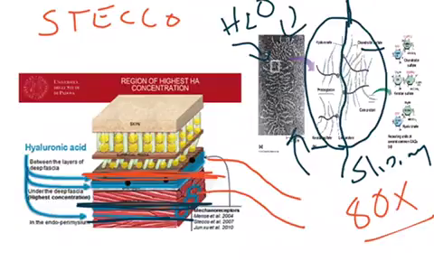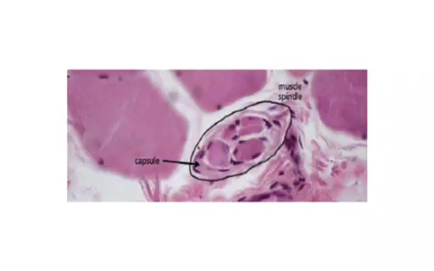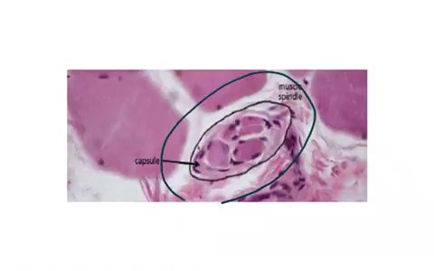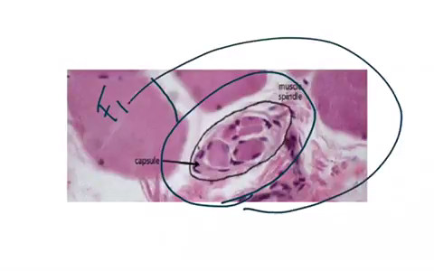So what does all this have to do with the muscle spindle? Well, let's take a look at that. When we look at the muscle spindle, it lies actually within the perimysium of the muscle. Okay? Now, what surrounds each muscle fiber is the endomysium. Then what surrounds bundles of fibers is the perimysium, and that's actually where the muscle spindles live.